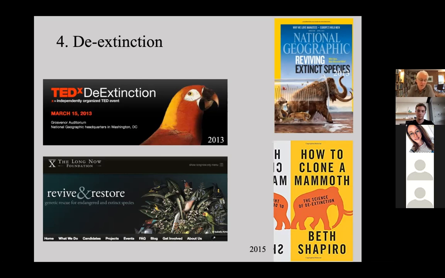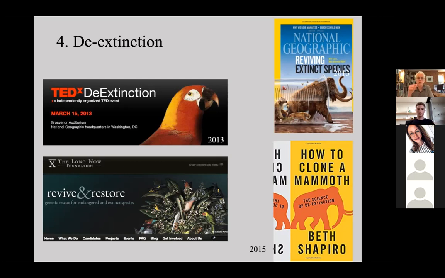But there are serious efforts going on. There is some experimentation with trying to edit the genome of the Asian elephant to resemble that of the woolly mammoth. Beth Shapiro's book is quite good on what you can and can't do in the way of de-extincting a mammoth.